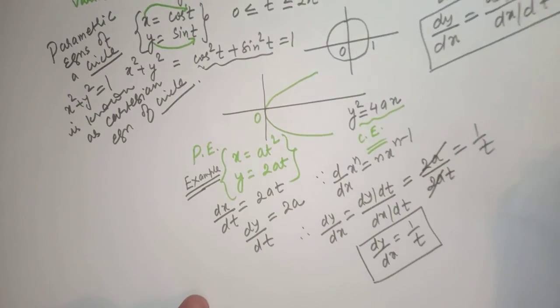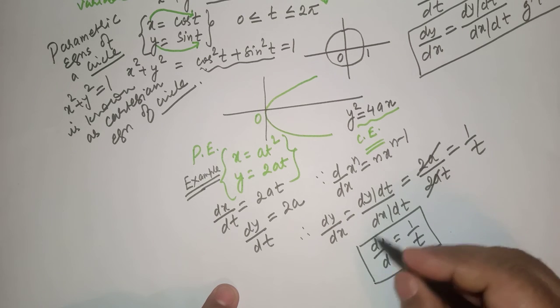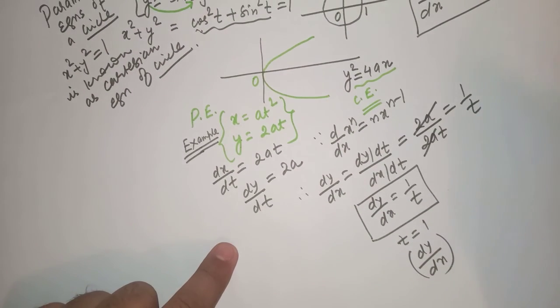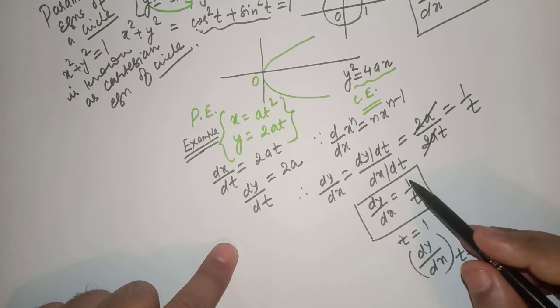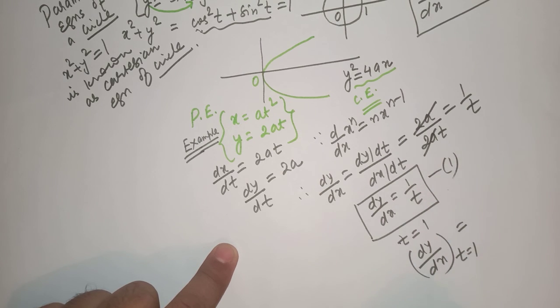Suppose in addition, we have to find the first derivative at t equal to, say, 1. Then the required value of the derivative at t equal to 1 is obtained by substituting t equal to 1 in equation 1. So it is 1 over 1, that is 1.